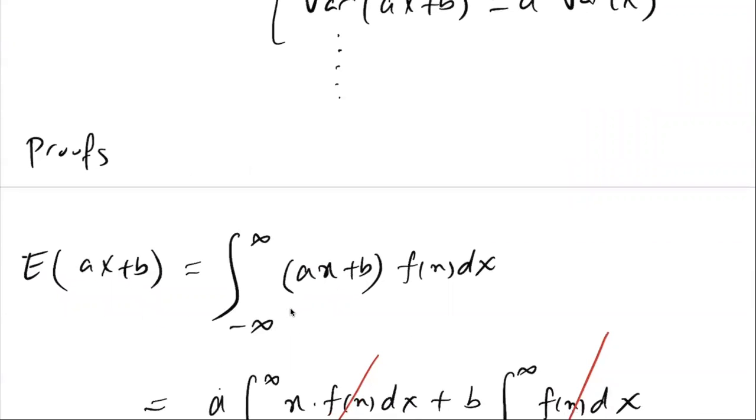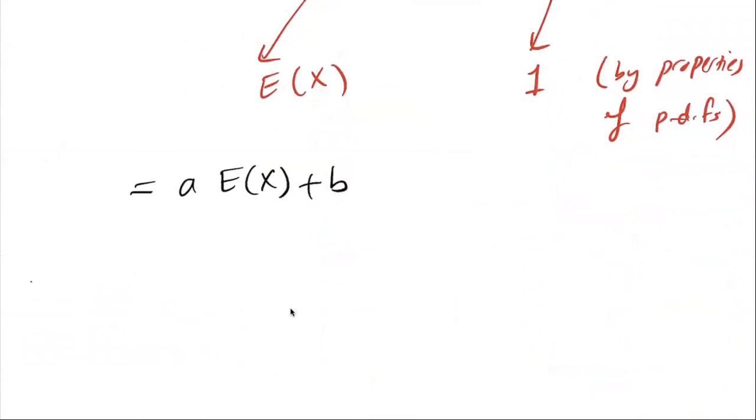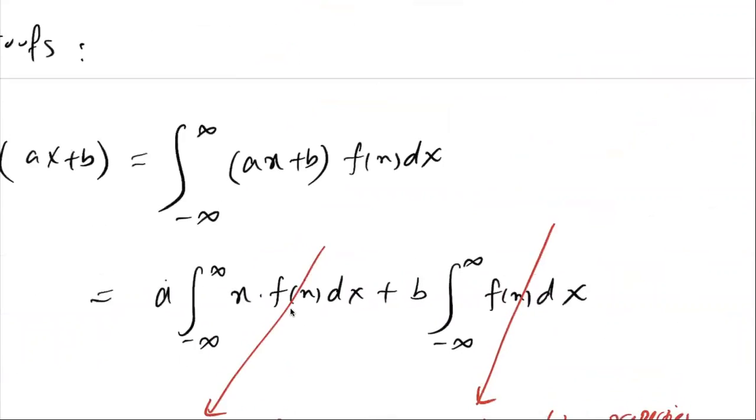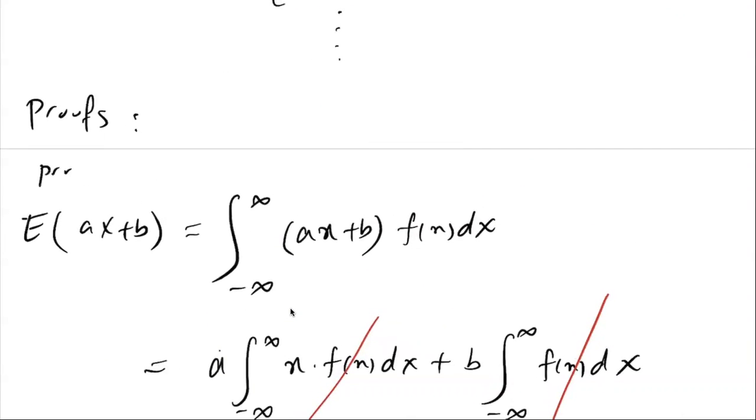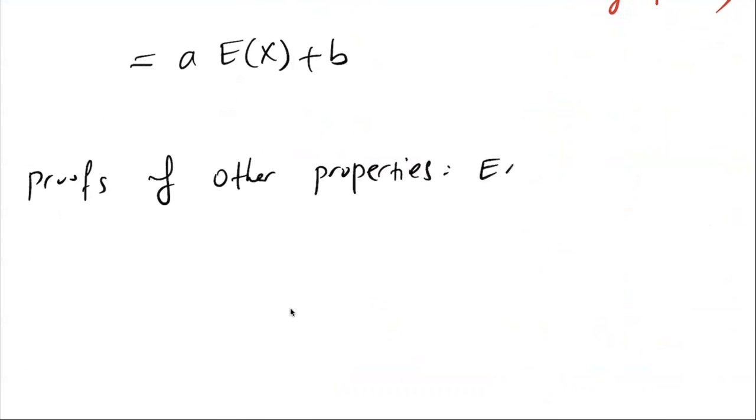This one was the proof of E of (aX plus b) equals a E of X plus b. The remaining proofs, of the other properties, let me leave them as an exercise.